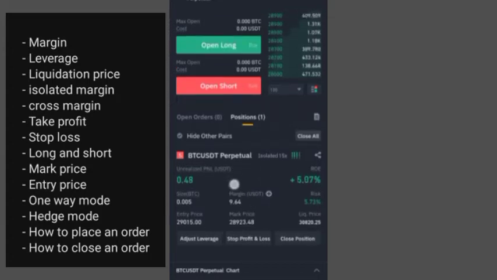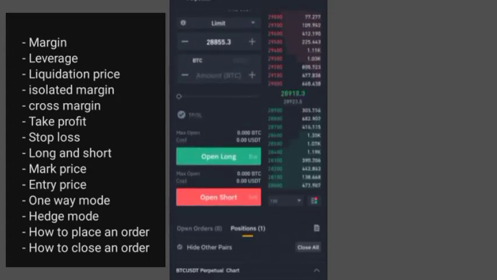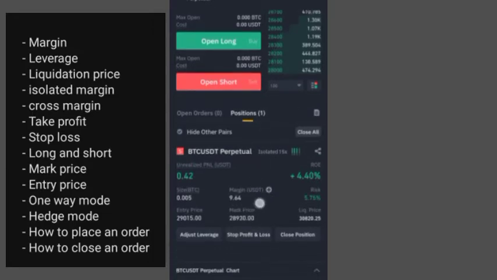Now, the leverage, like I mentioned earlier, is the ability to control a large contract value with a relatively small amount of capital. If you observe here, I'm using $9.64 to purchase this size of Bitcoin, which is 0.005.